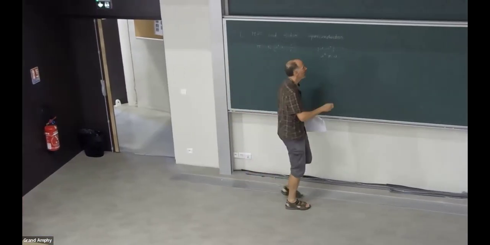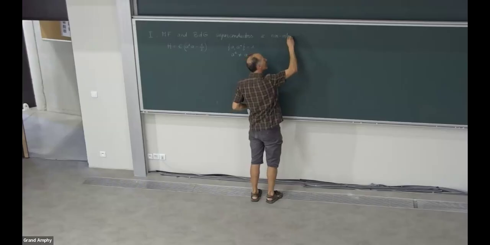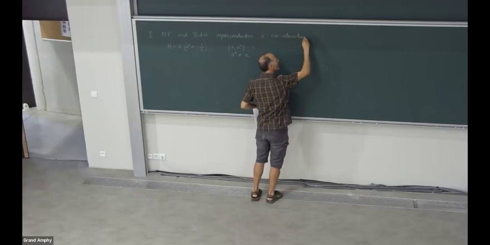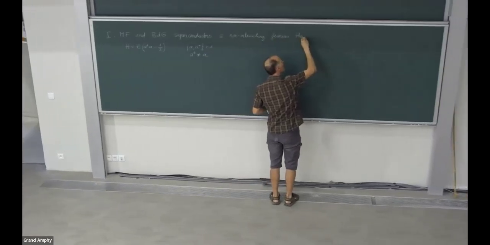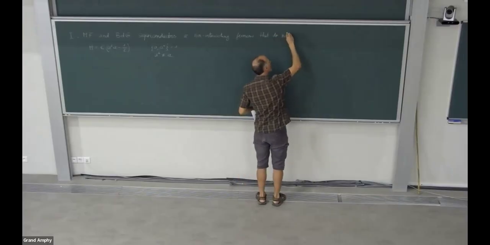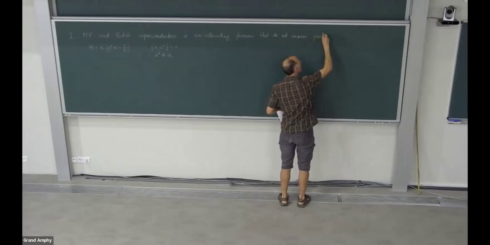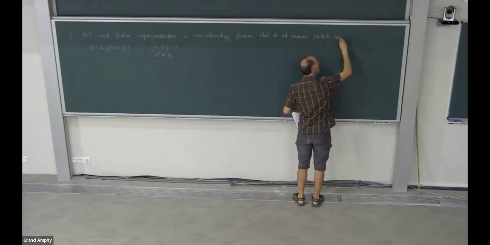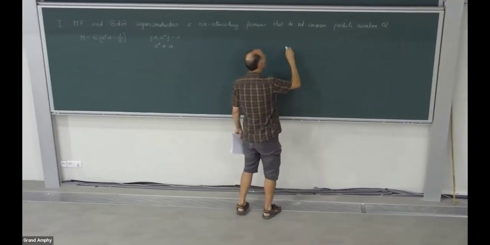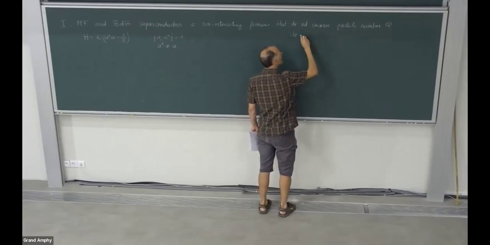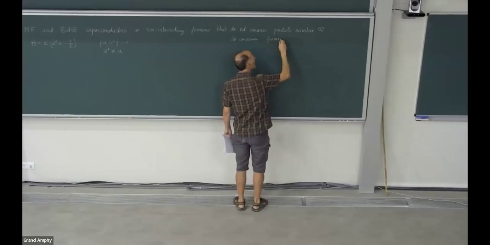Yeah, so, sorry, that's what I wanted to say. These two formalisms, what they describe are non-interacting fermions that are number not conserved. We call it Q, and actually what they conserve is just fermion parity, fermion number parity.